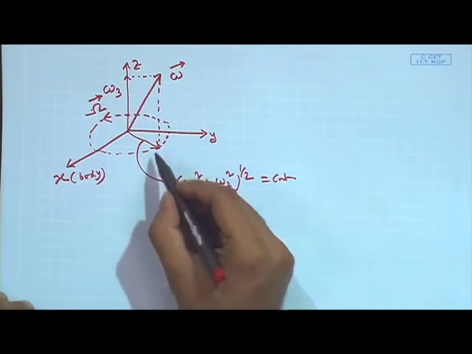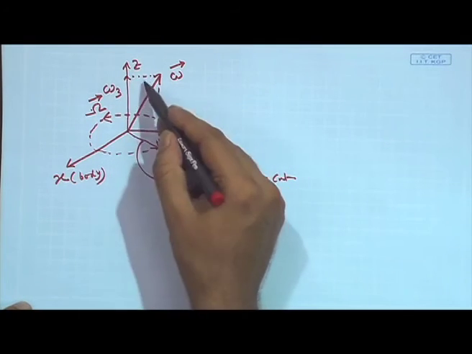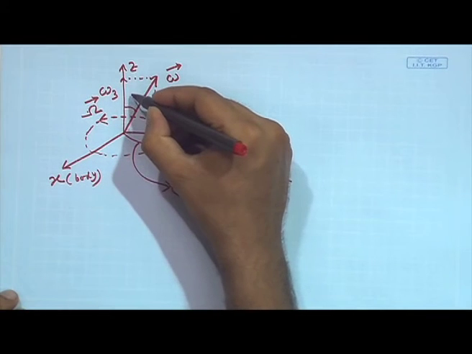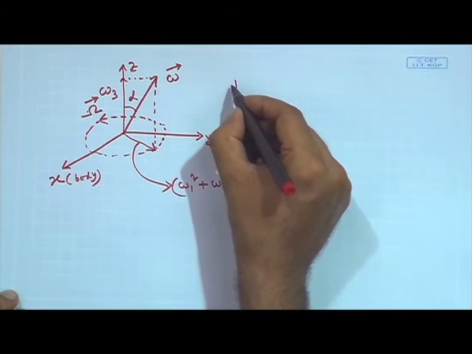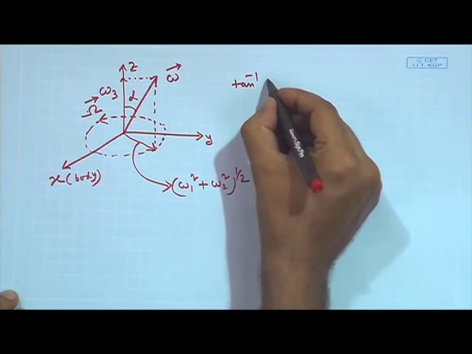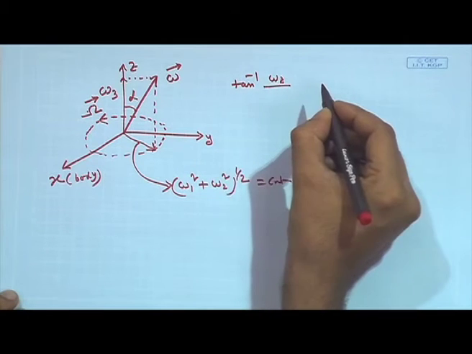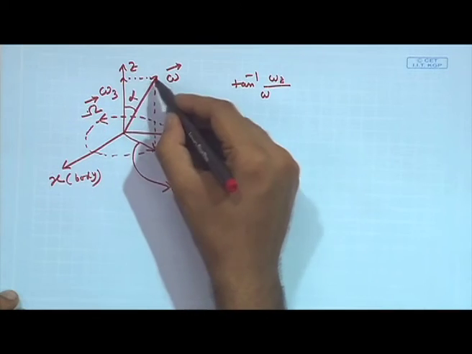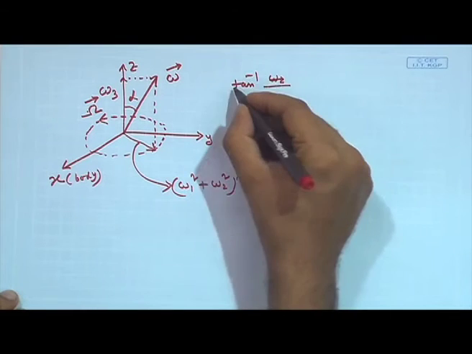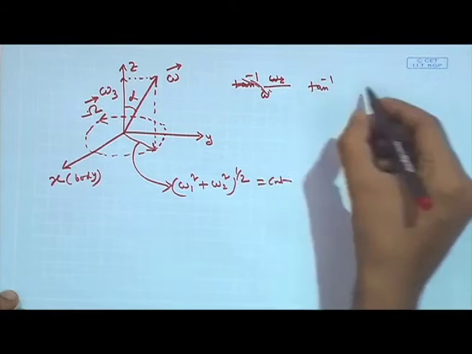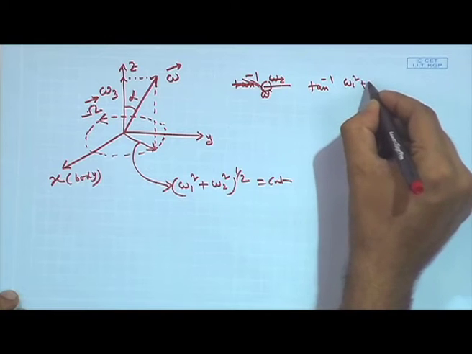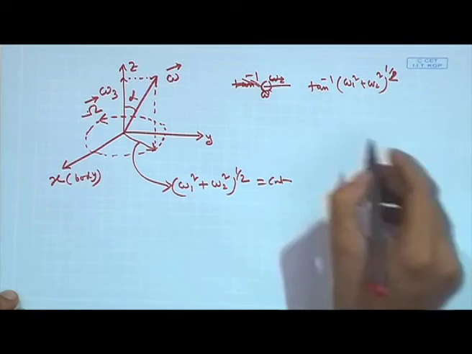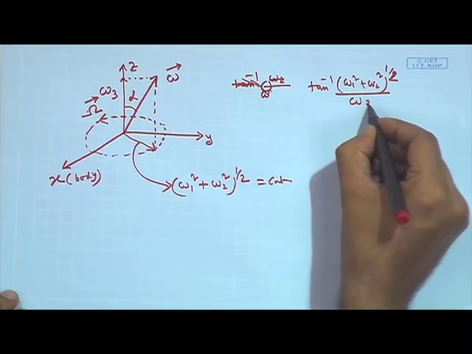Okay. Now, if this one is rotating and this one is fixed, that means what is summarized in Professor A.K. Roy Choudhury's book, that this angle is constant, some alpha, which is given by tan inverse of omega 1 square plus omega 2 square to the power half, divided by omega 3, right.